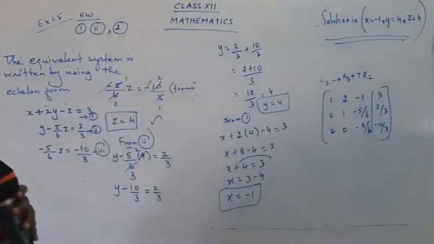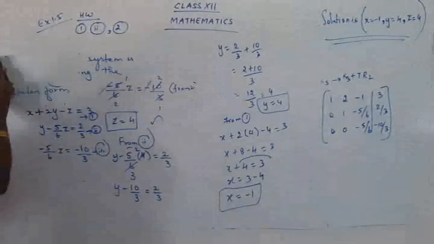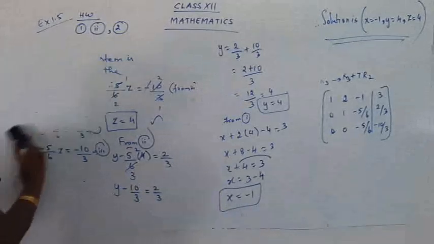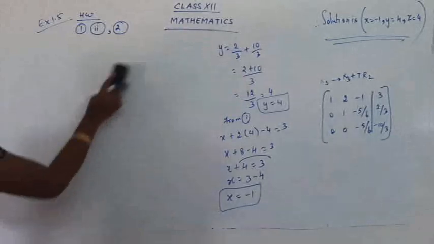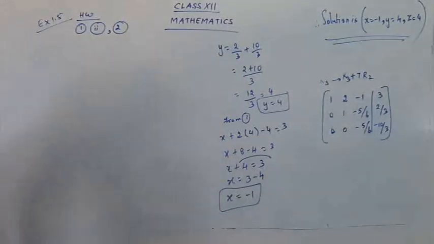Okay, let's go for the second sum. I have to explain this because the second question is an important question, because they have not given you the equation directly. From the statement we are going to find the equation.